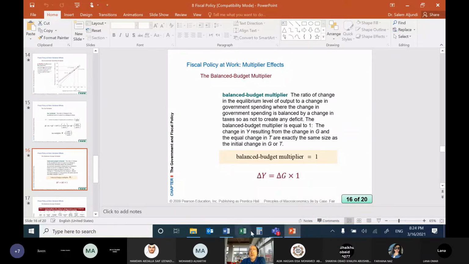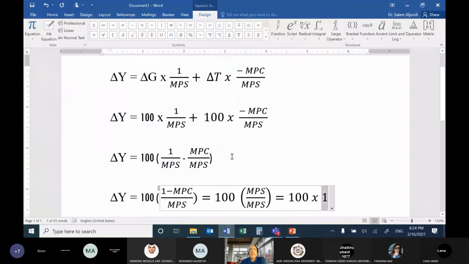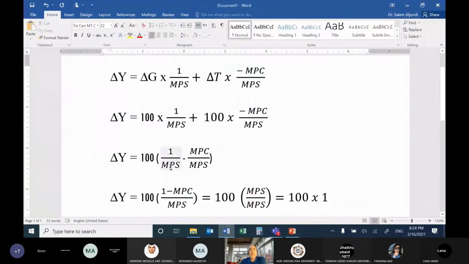So let me go here. So if the marginal propensity to save is .25, then 1 divided by .25, can you tell me? It is 4.